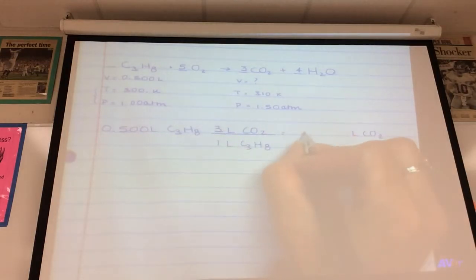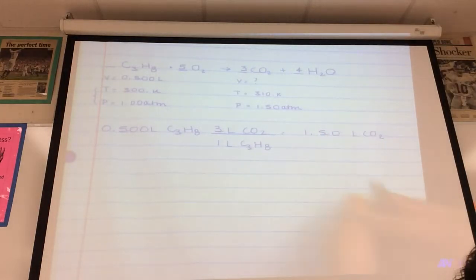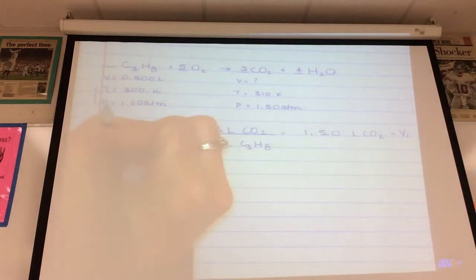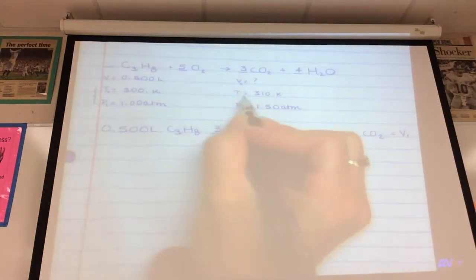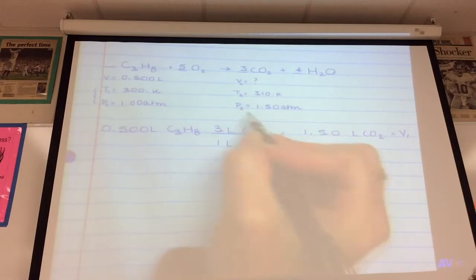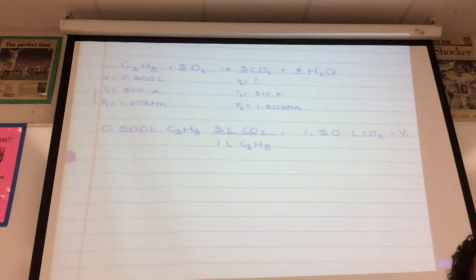And 3 times a half is 1.50 liters of CO2. That is V1, the volume under the first set of conditions. Once we have that, we want to get V2, the volume of CO2, under the second set of conditions.